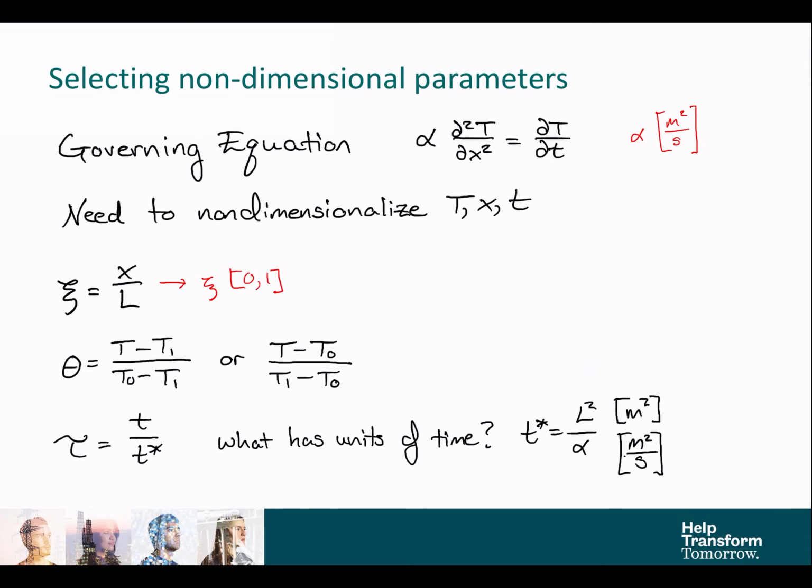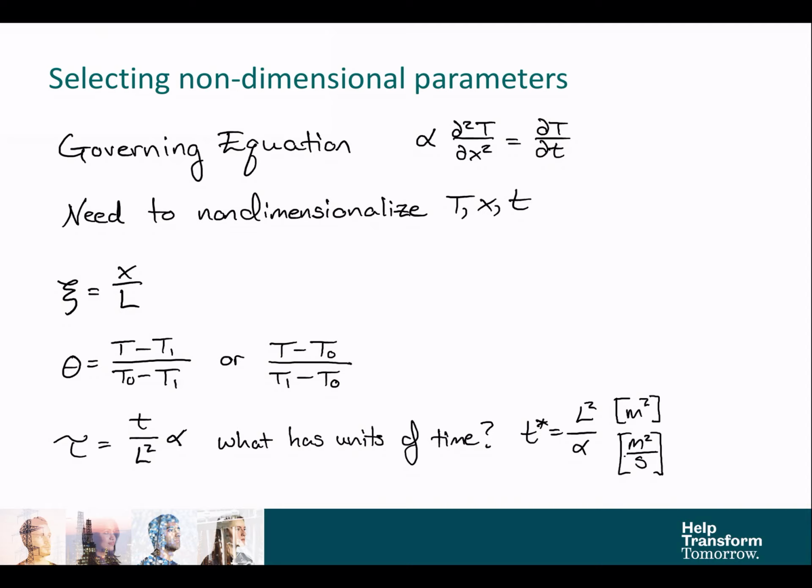This is going to be our characteristic time, and we'll plug it right back into our expression for tau. When we do that, we're dividing by t star, so we're multiplying by alpha over L squared. But we've created a non-dimensional parameter that relies on physical properties of the system. So this is a good start to our non-dimensionalization.